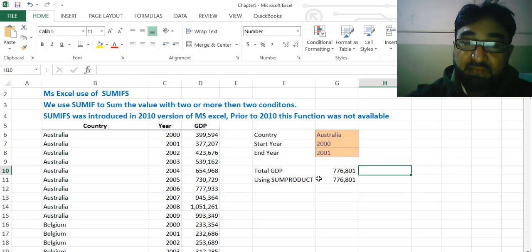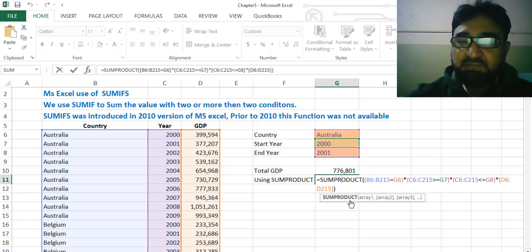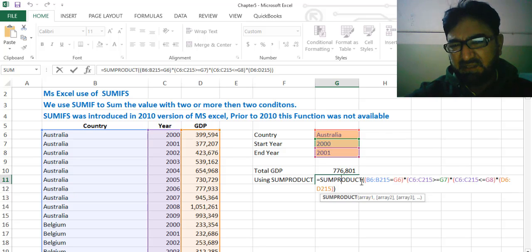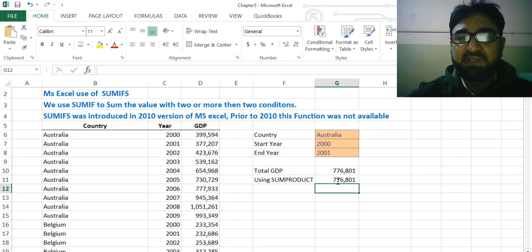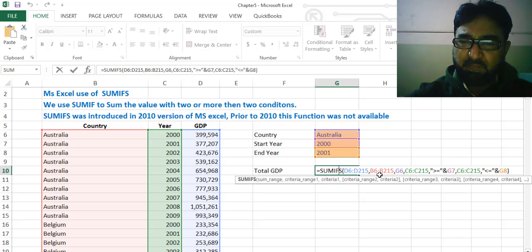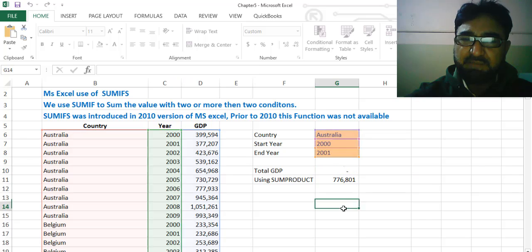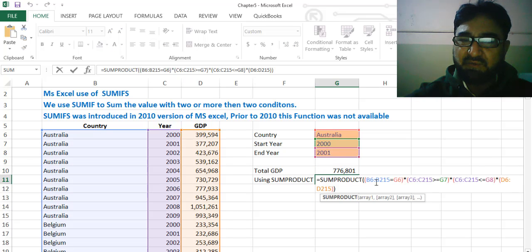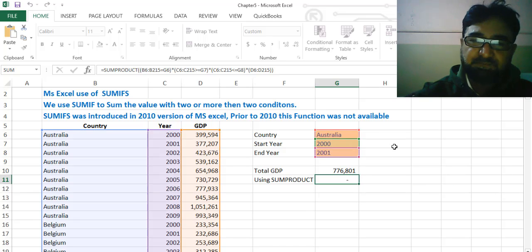As for SUMPRODUCT, I will not talk about how that formula works here, but it is also working and giving the same result. Comparatively, I find SUMIFS easier than SUMPRODUCT, which multiplies these values.